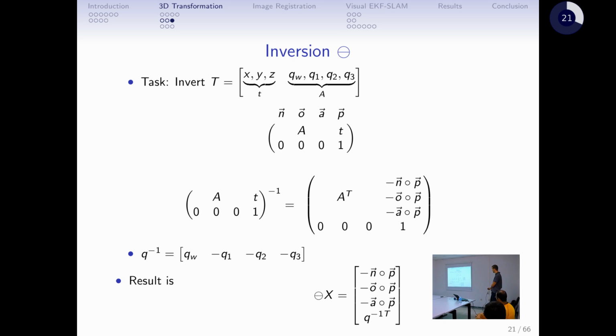We are taking the inverted translation part and putting this to our state, and for the rotation part, we are not taking the inverted transformation, the transposed rotation, sorry. We are just inverting the quaternion, which, by the usage of quaternion algebra, means multiplying every element except for the scalar by -1.